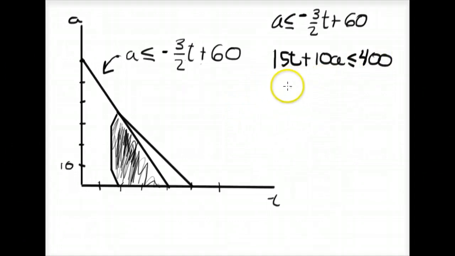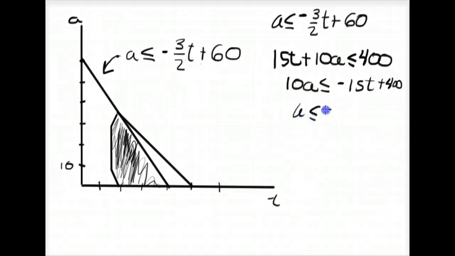Solving for a the same way, 10a is less than or equal to negative 15t plus 400, and then a is less than or equal to negative 3 halves t plus 40. You may notice that this new inequality has the same slope as this one, but just a different y-intercept. So the portion of the feasible region that's going to be less than or equal to that is going to be the ordered pairs that are under this line.